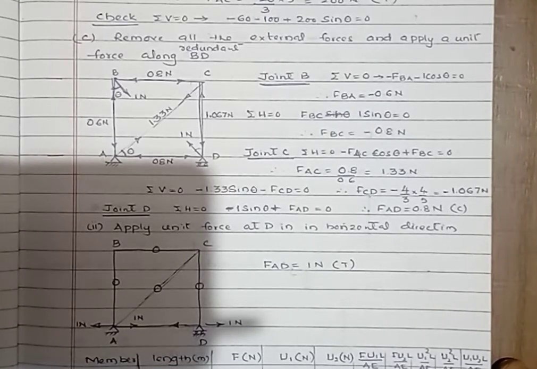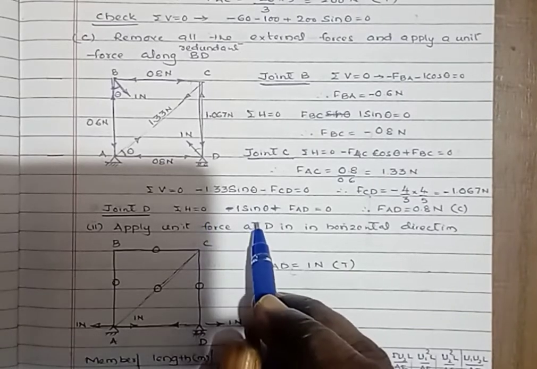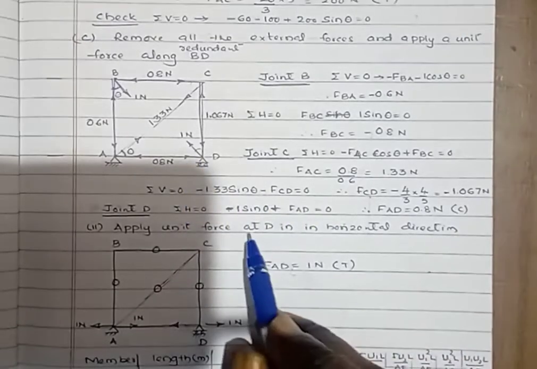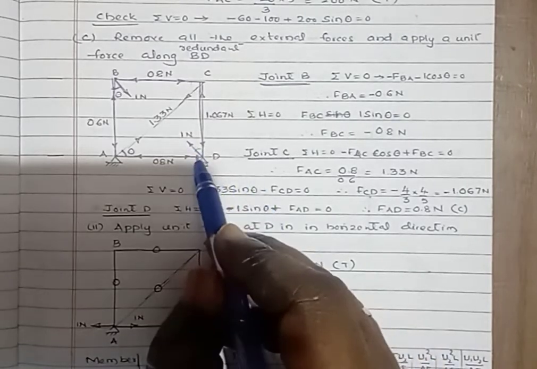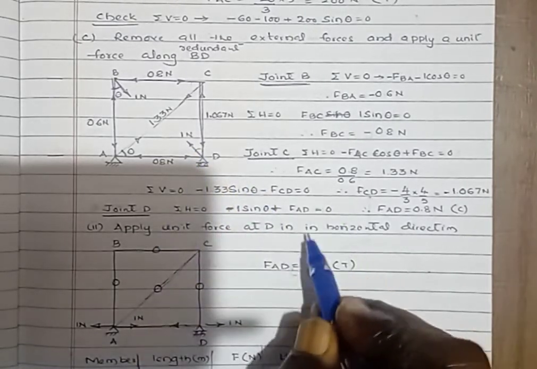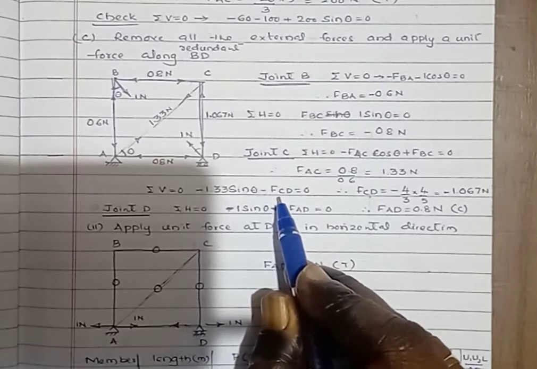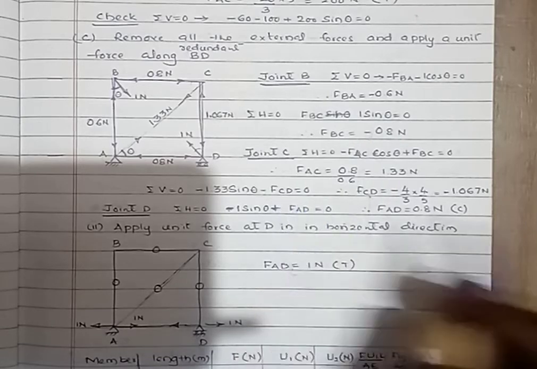After getting the values of the forces, then at joint D, summation of H equals 0. Here by resolving the forces, summation of H equals 0, that is minus 1 sin theta minus the force in the member CD due to the unit load along the redundant BD, and that equals 0.